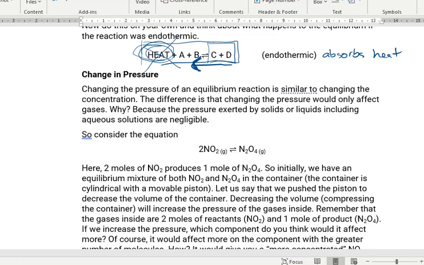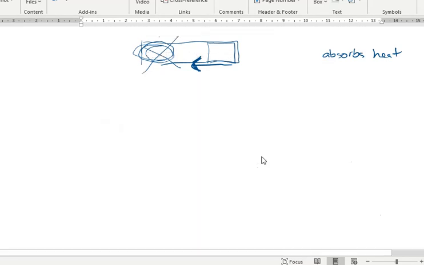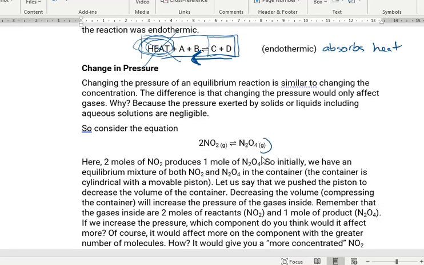So, it's the same thing here. Pressure only affects gases because the pressure exerted by solids or liquids, including aqueous solutions, is negligible. So, the important thing here is, of course, that's why you have to look at the state of the components in your system, like this one.